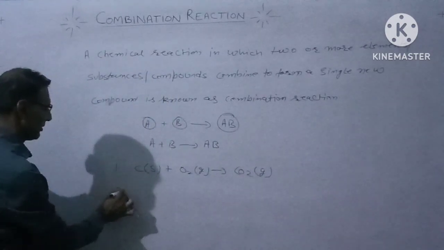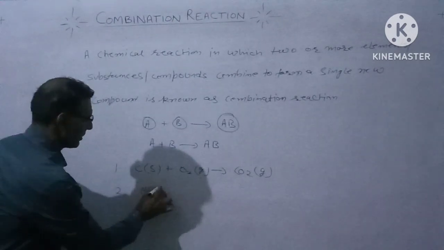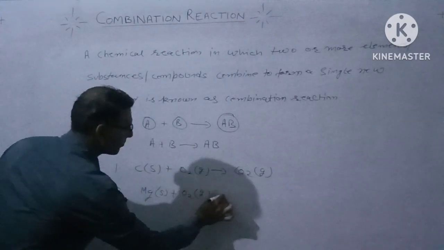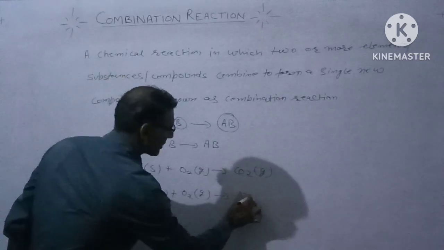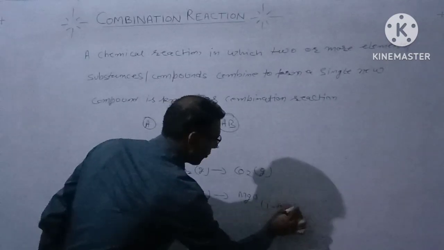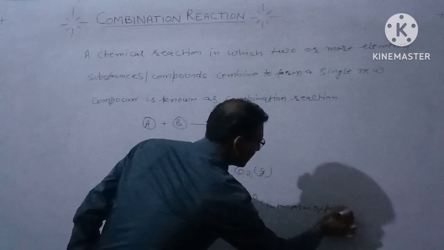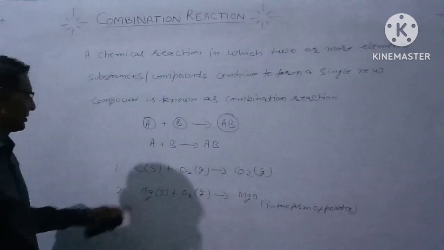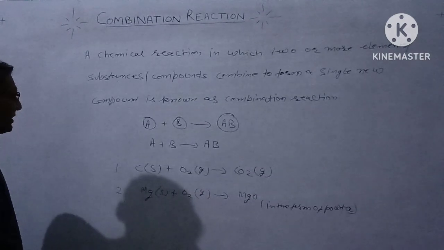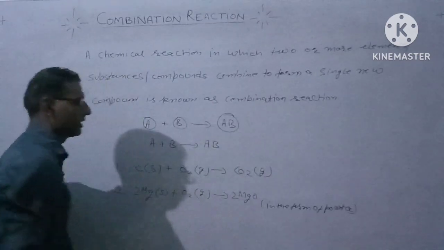Another example, burning of magnesium, Mg, in the presence of oxygen to form magnesium oxide in the form of powder. As we know that this reaction is not a balanced reaction, so balance it by putting 2 here and 2 here.